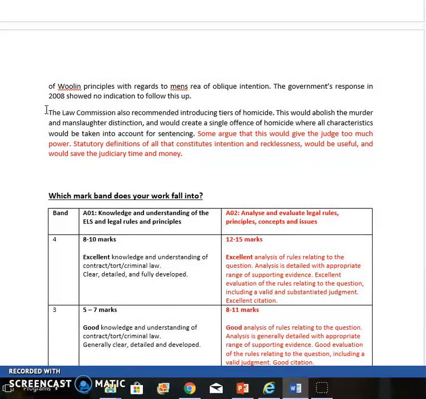So you would have first degree, second degree, third degree, etc. And some would argue that this would give the judge too much power. However, we do need some statutory definitions on intention and recklessness if we're not going to go along with the homicide tiers there.